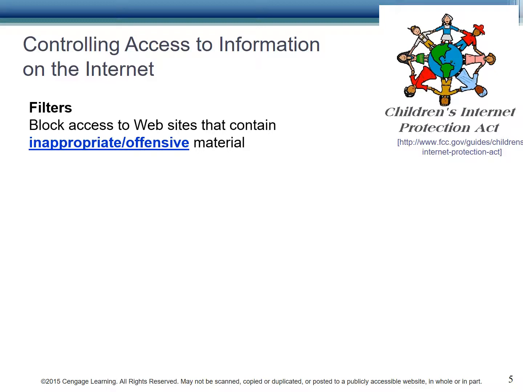Filters may obviously mean different things for a home network with small children as opposed to a K through 12 educational institution or a college or community college or technical college campus. But they try to block what people should not be looking at within the context of that organization.